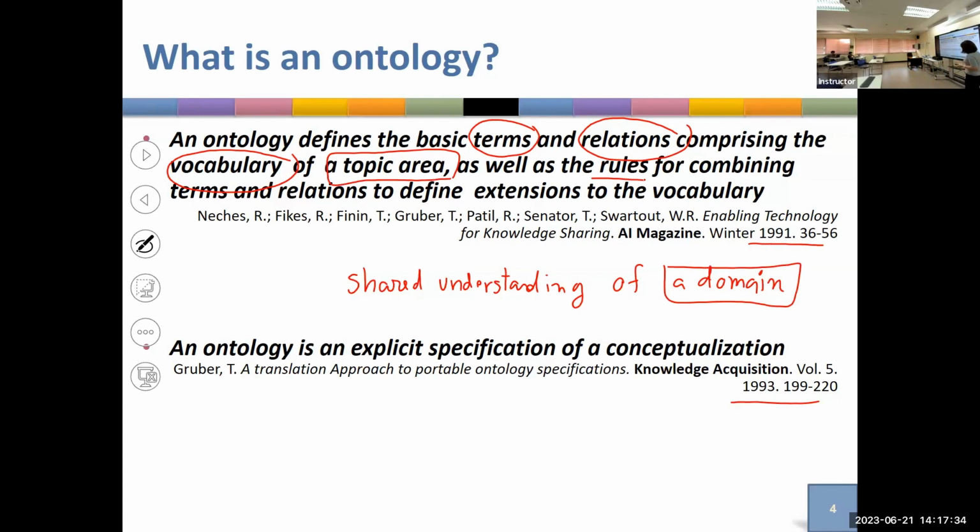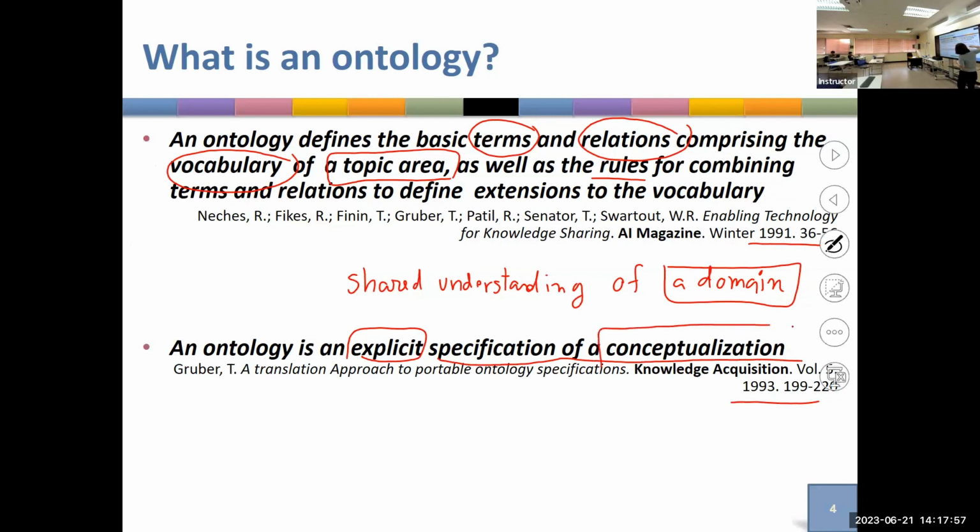Another one, not very clear, kind of short, but it doesn't tell. If you don't understand ontology that well, you may not understand this so much. Explicit. Okay, this is good. It's explicit. Specification of a conceptualization. Actually, everything we are doing here is to make a conceptualization of things in a topic area, right?